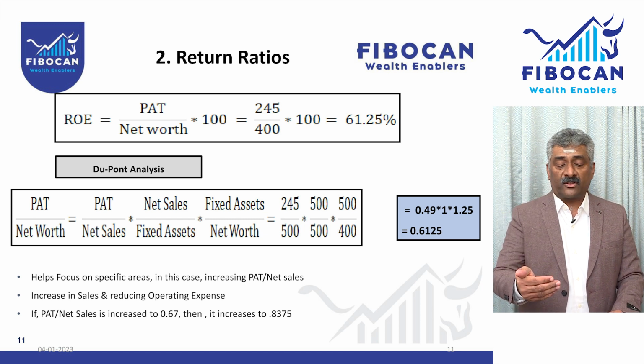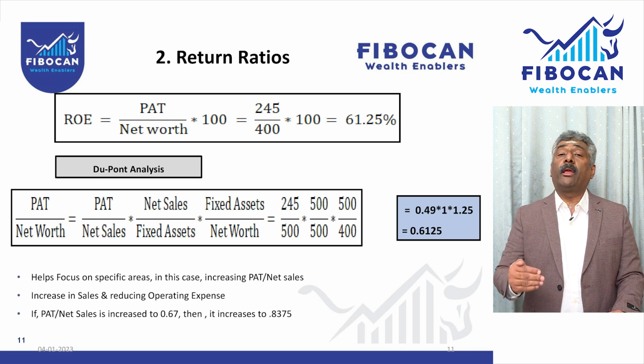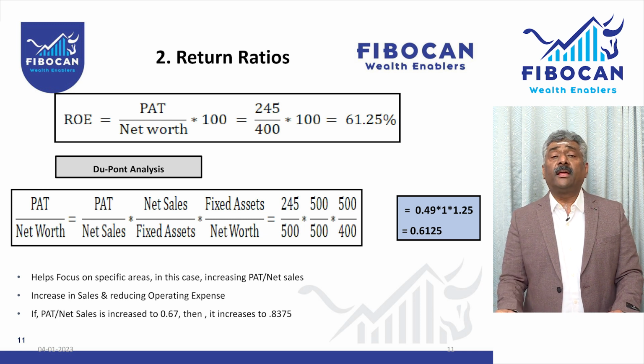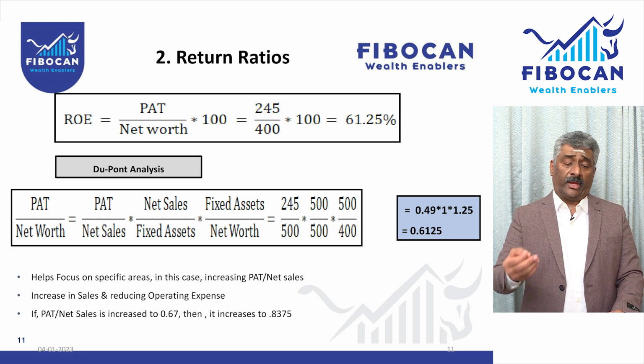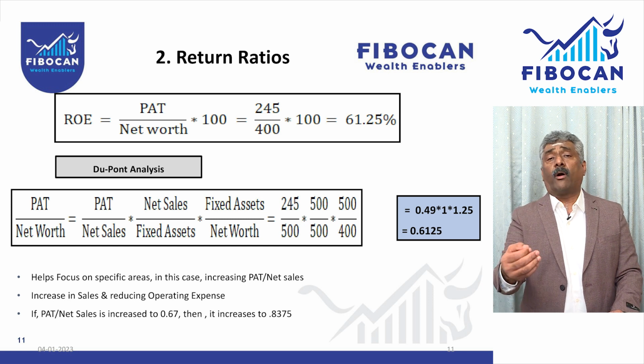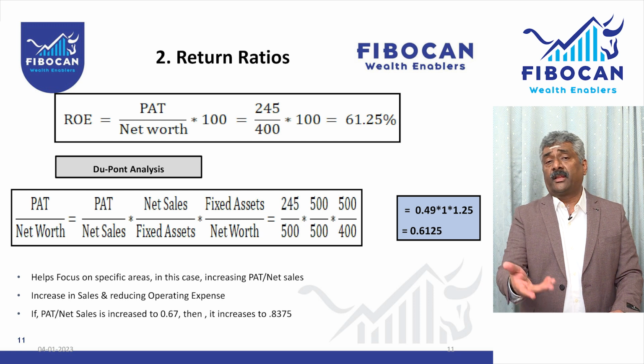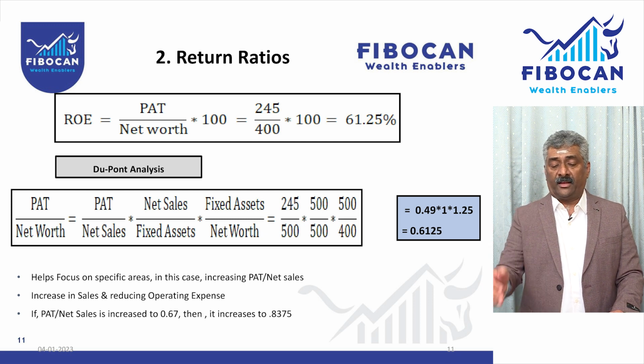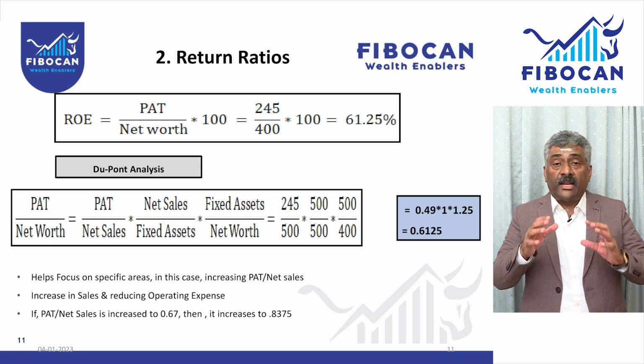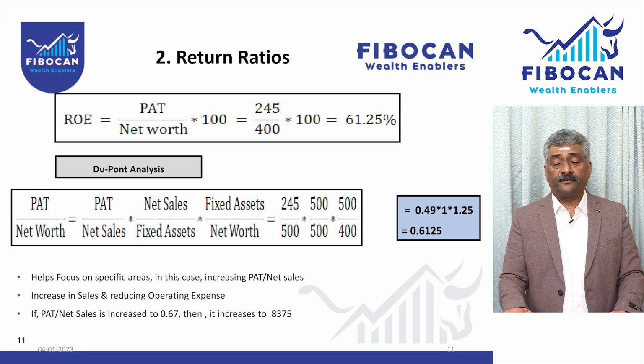Hence it focuses on specific areas, including PAT and net sales. It enables us to increase sales and reduce operating expenses. In this example, if PAT by net sales is increased to 0.67, then it increases to 0.8375. So you can see it helps us focus on specific areas.